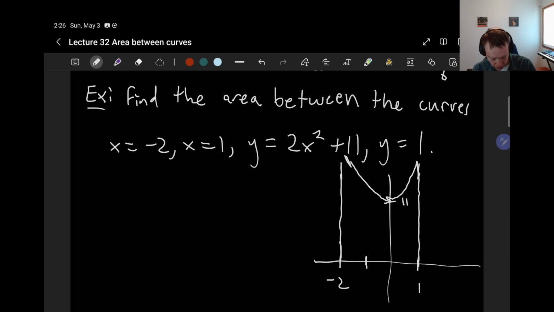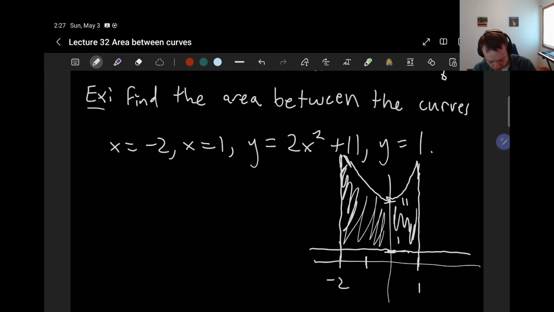Okay, it'll keep going, they'll connect. And then y equals 1. That's a horizontal line at height 1, say it's about here. So we're trying to find this area.